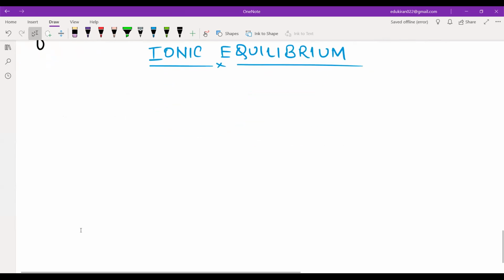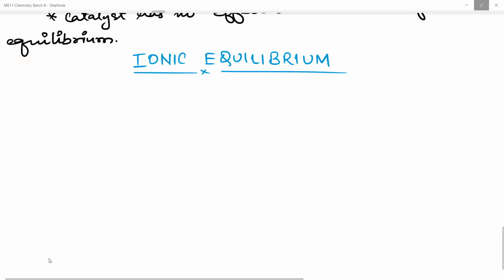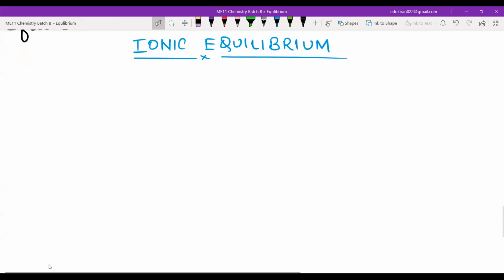Ionic equilibrium. Okay. So in ionic equilibrium, first of all, let us say how this field came into being. The main point and the starting point of this was Michael Faraday, and I will not go into the sets of experiment that led to this field. I can just give you an idea about sodium chloride, that is the stable salt.